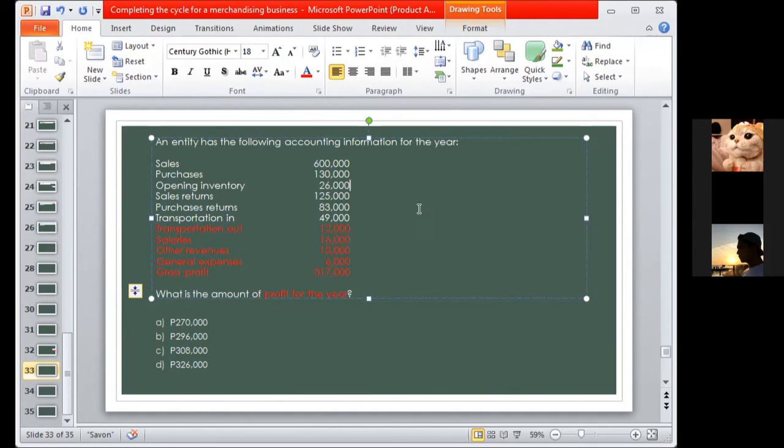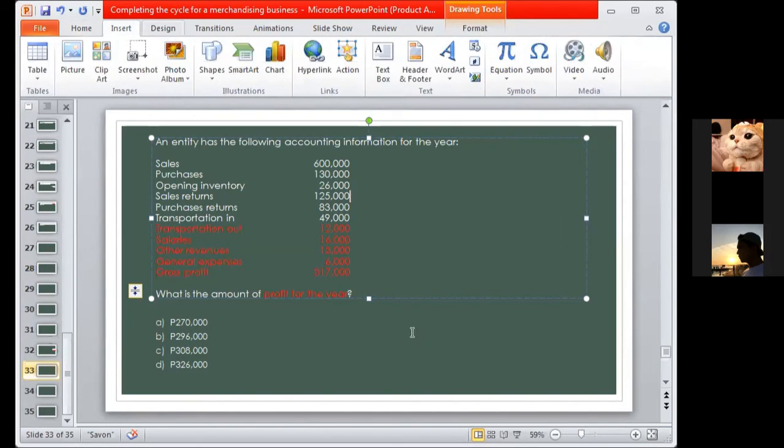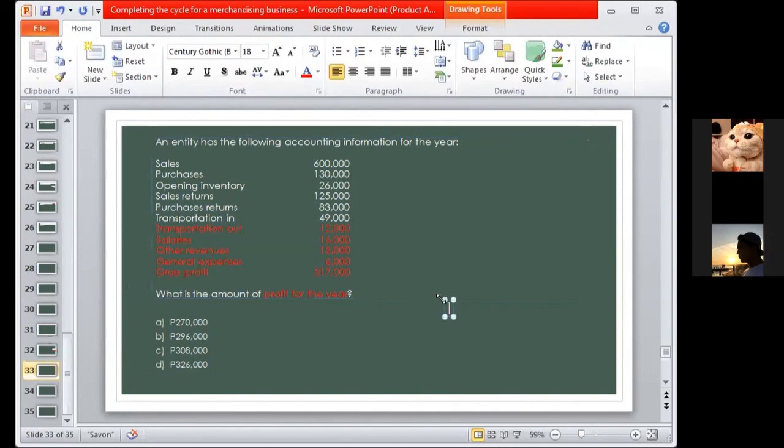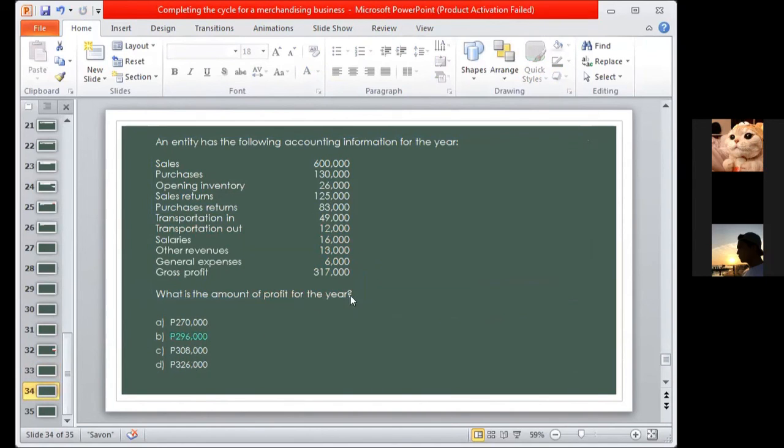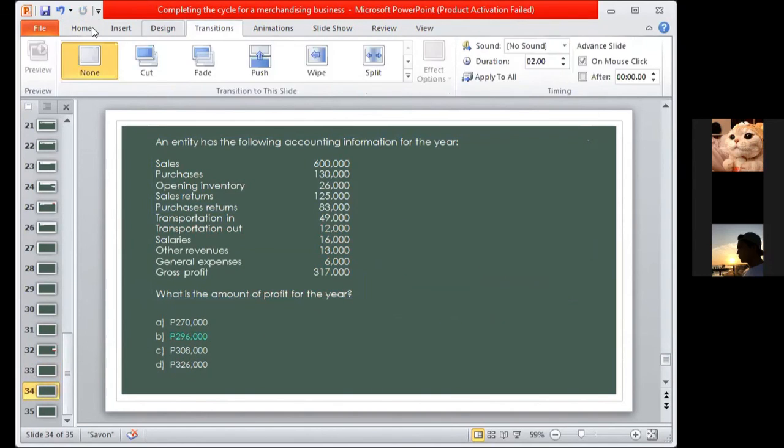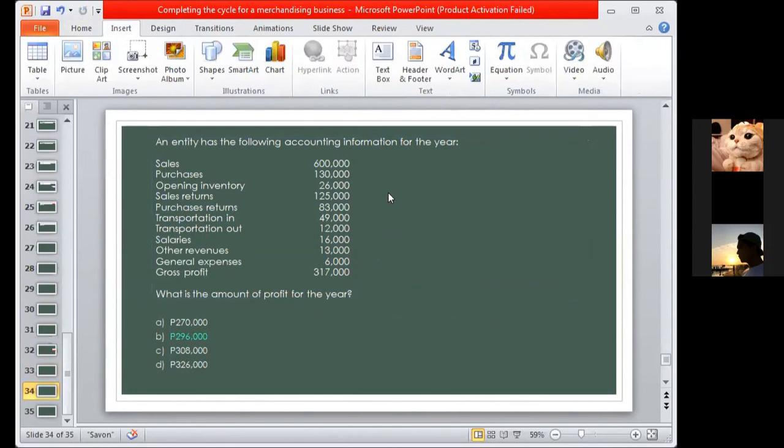So ilan magiging sagot mo? Letter B po. Ang tamang sagot diyan is 296,000. Lagay na lang natin dito yung sagot para makita rin.